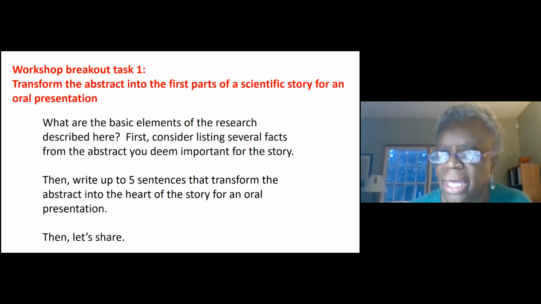This abstract was written with a strategy for writing science, which is a different strategy from what we're talking about today of telling a story orally, okay?